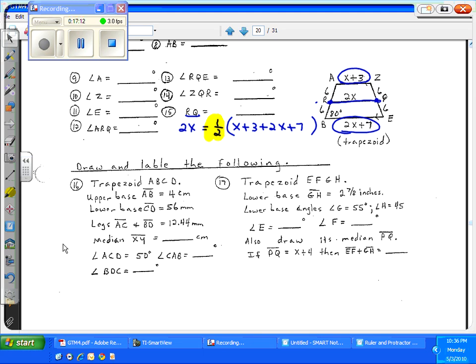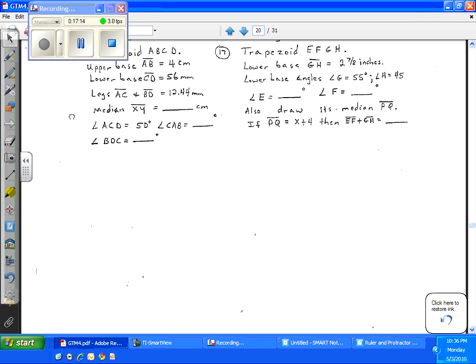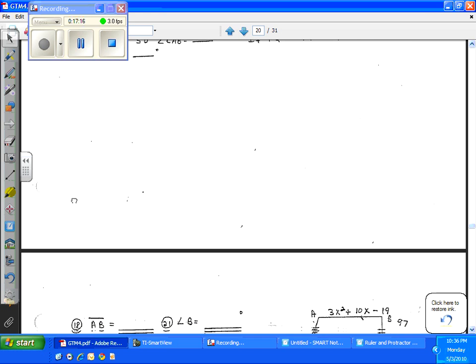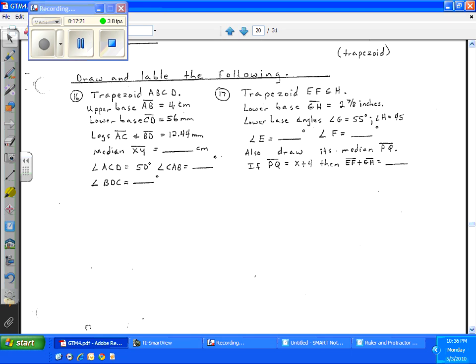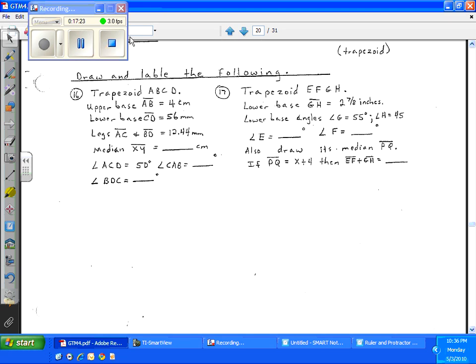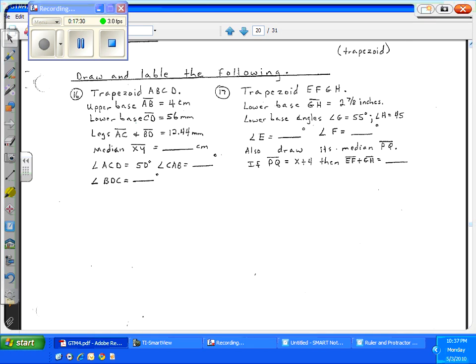It gets a little bit tricky to draw and label an example accurately. Let me show you just a little bit how to get started. It says the lower base is 56 millimeters.